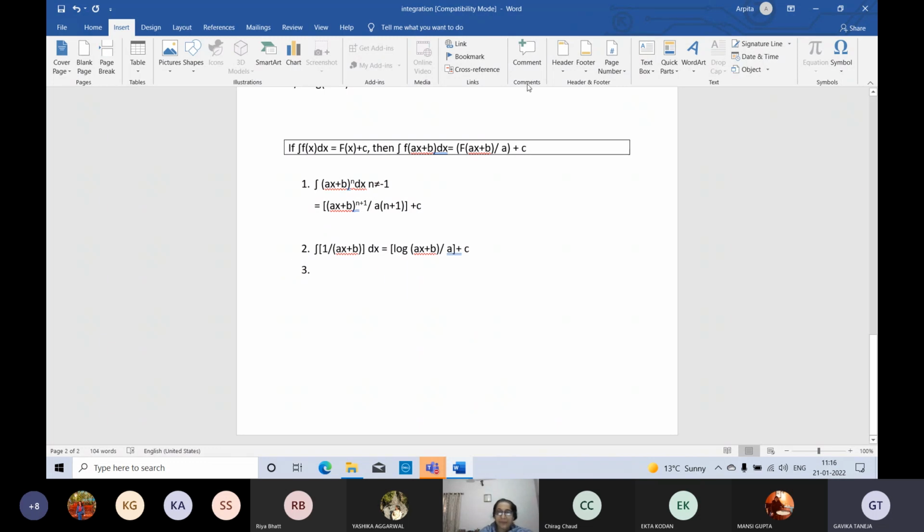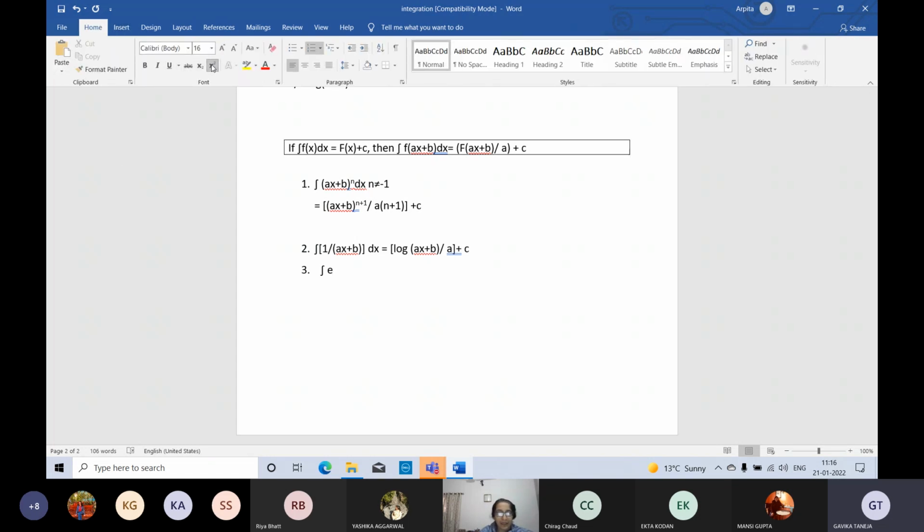That is e. So we're going to integrate e to the power (ax plus b). The form is the same, ax plus b. Going to integrate this, and hence we are going to get the answer as e to the power (ax plus b), and this entire thing divided by a.